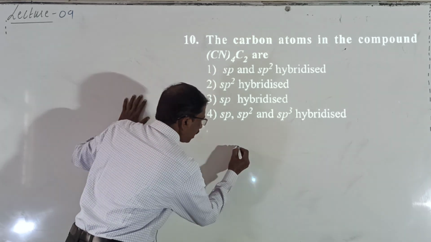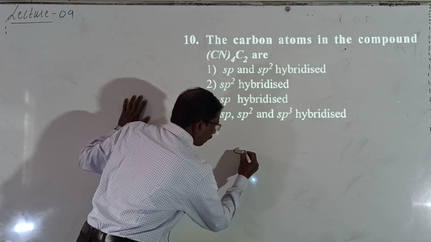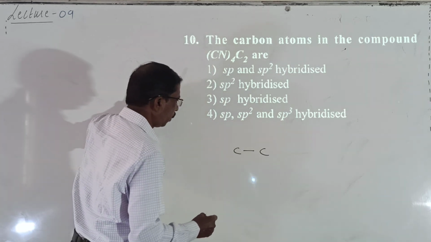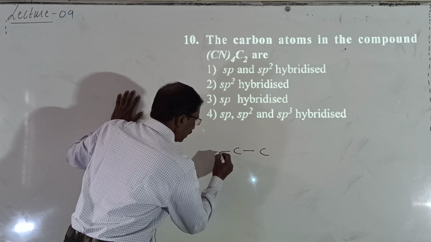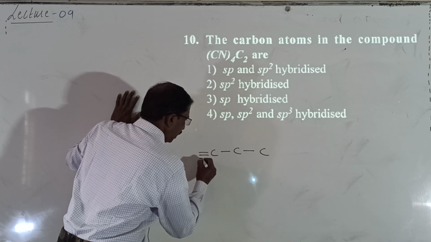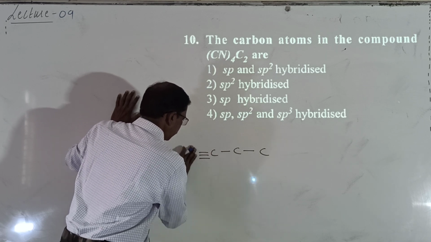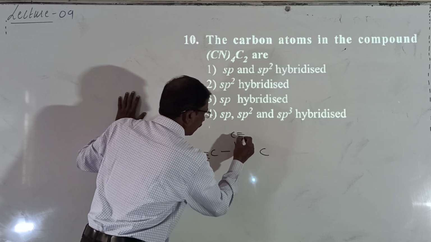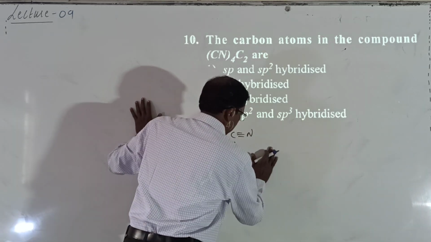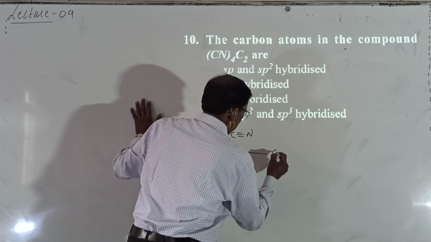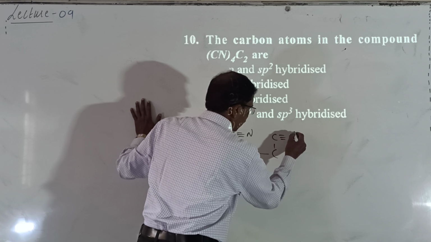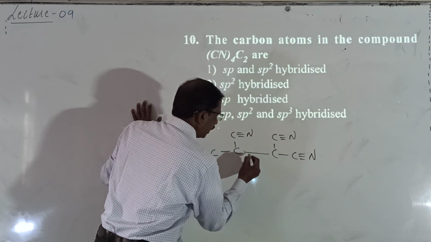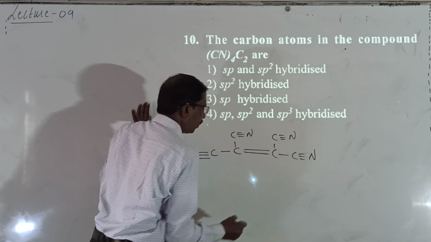So look here, I will write the open structure. First you write a carbon. Look here students, carbon, and here it has CN four times. CN means I will write here C triple bond N, and here also C triple bond N, C triple bond N, C triple bond N, and here the valency is not satisfied, so I will write a double bond here.